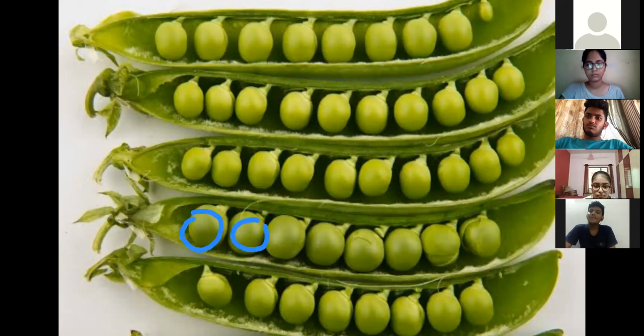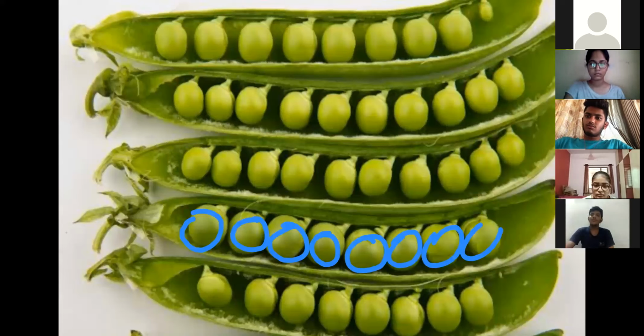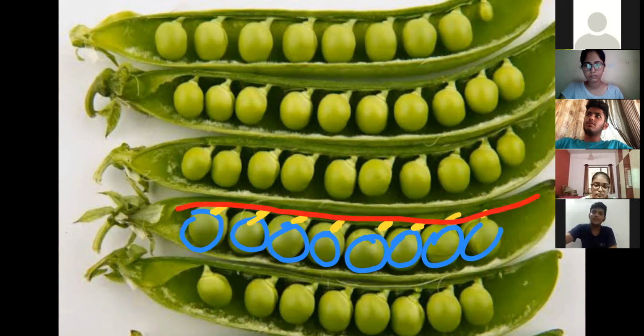So one ovule, second, third, fourth, fifth, sixth, seven, eight, like this. Each ovule has their own placenta. These swollen structures. Right? Here this is a fruit. This is the ovary part. So clear hai? This is the ovary. This one is a placenta and this one is an ovule. These three parts are clear.